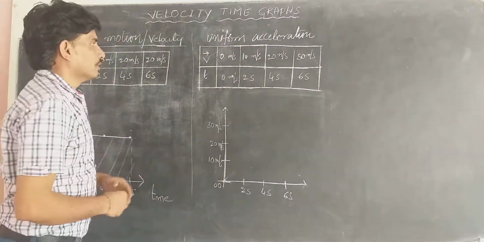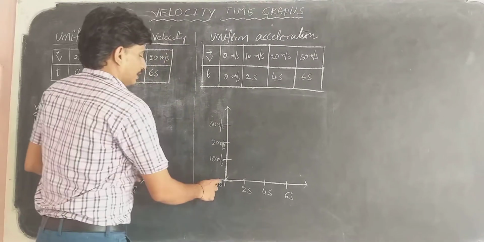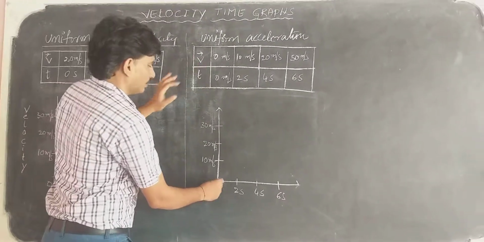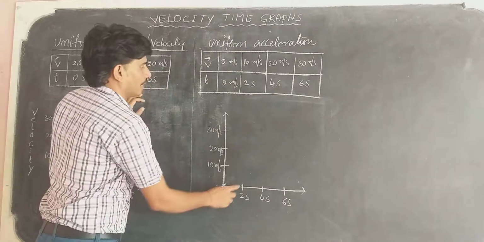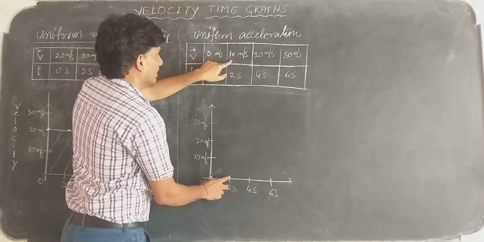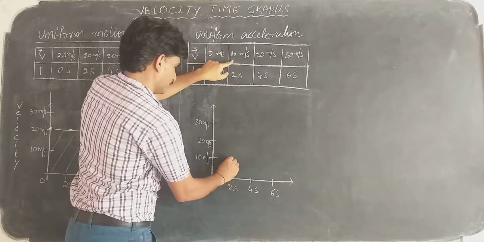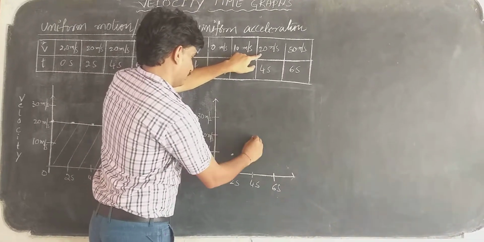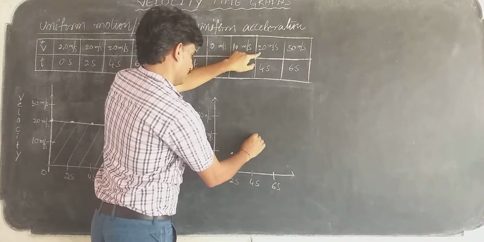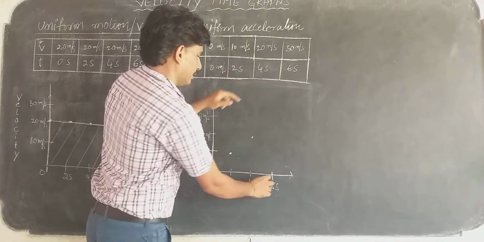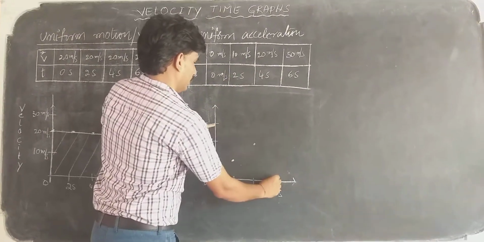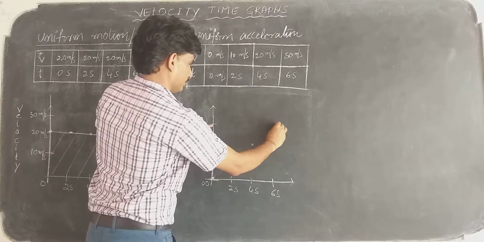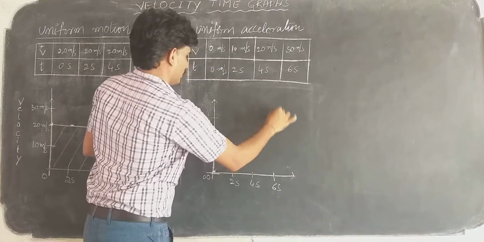If you put it on a graph, initially the object has velocity 0. At 2 seconds its velocity is 10 meter per second. At 4 seconds it has a velocity of 20 meter per second. At 6 seconds the velocity is 30 meter per second.